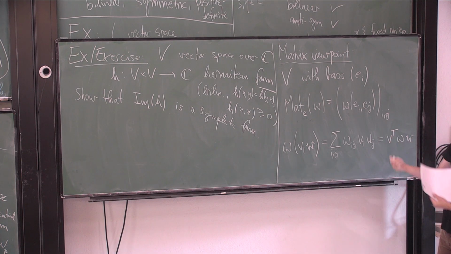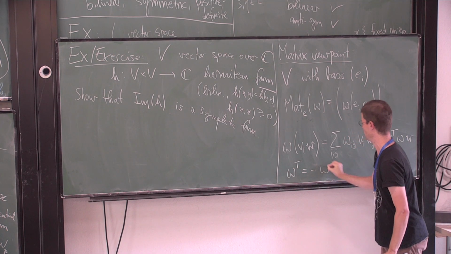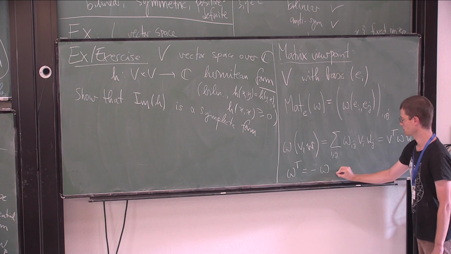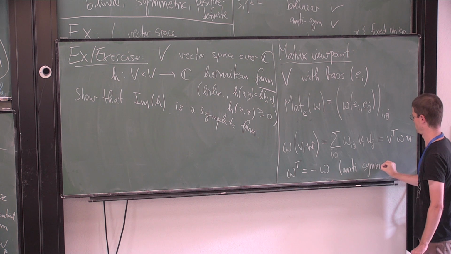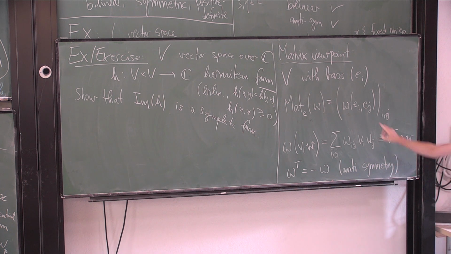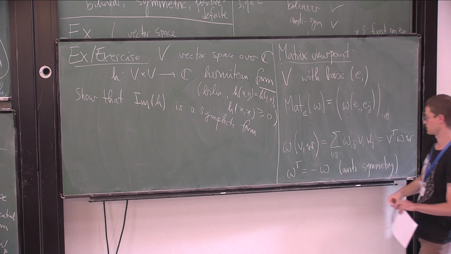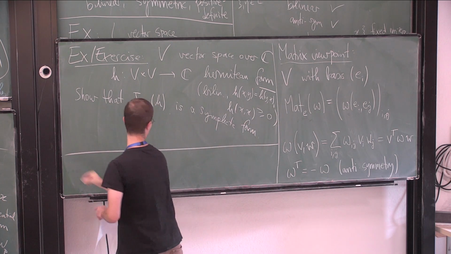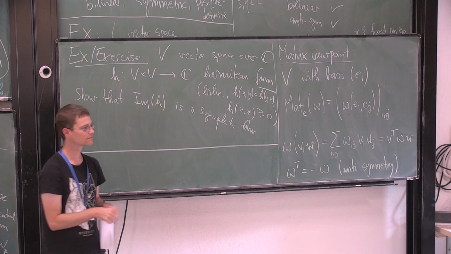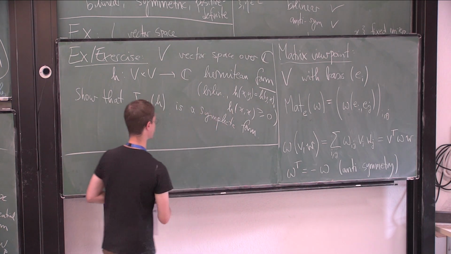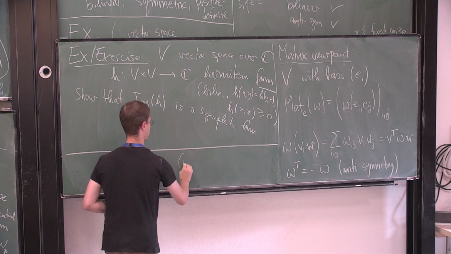When you transpose it, you get minus: omega transpose is minus omega. Like if I exchange i and j, you get a minus sign. And what does it mean to be non-degenerate? Exactly, the determinant of omega is non-zero. This is non-degenerate.